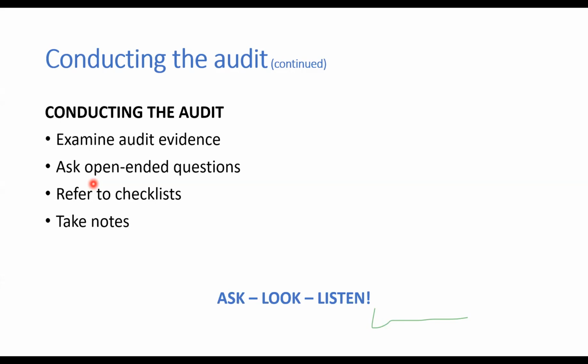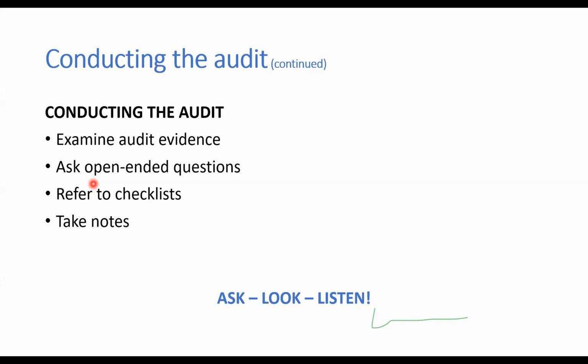So whenever we are going to do the audits, we need to have more focus on our open-ended questions, because they are going to give you more information, and from more information you are going to have the leads available for the audit findings. Again, refer to your checklist, take notes, take notes, take notes. Very important.